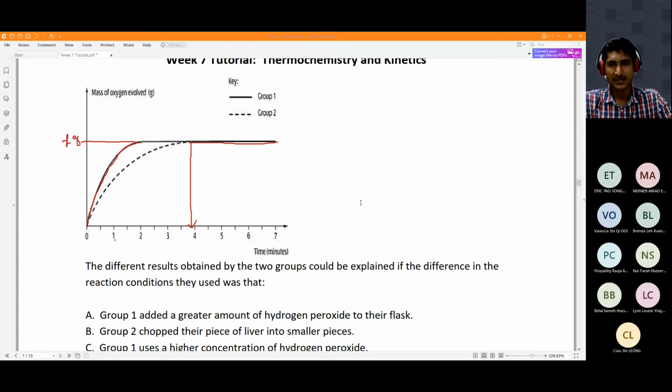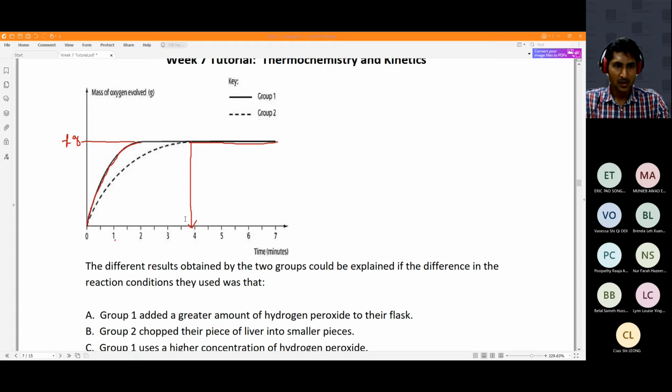Since they are using the same type of reaction conditions, what about the flask of hot water, that group 2 set a flask of hot water? We do not see whether this is an exothermic or endothermic reaction that needs hot water or not, so we cannot say for certain.